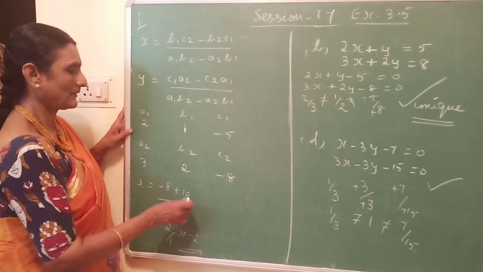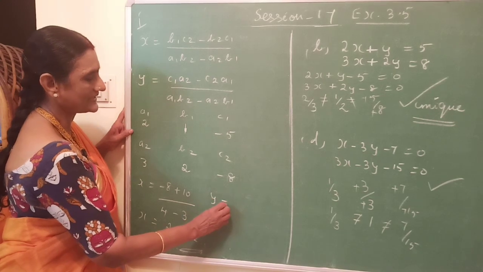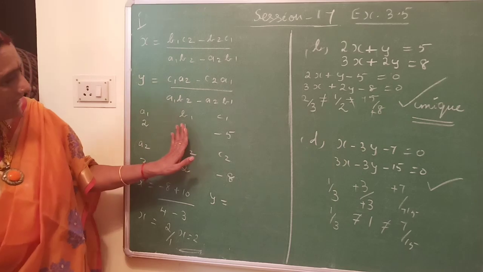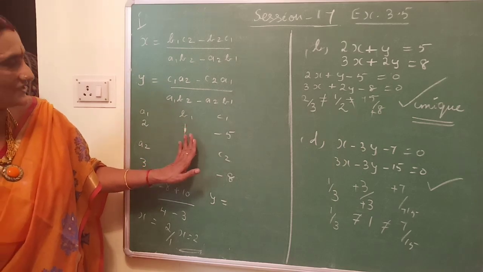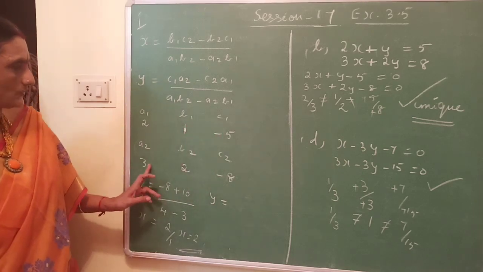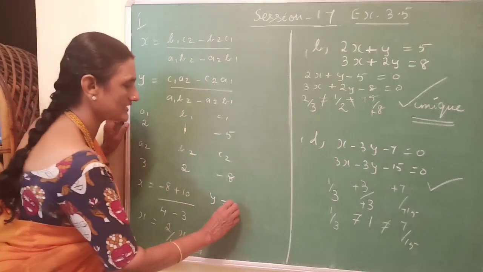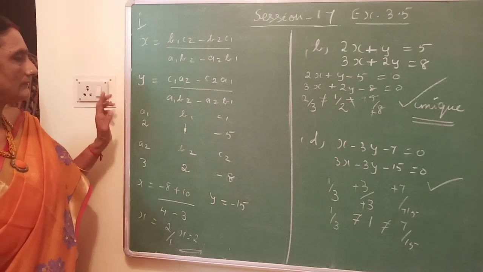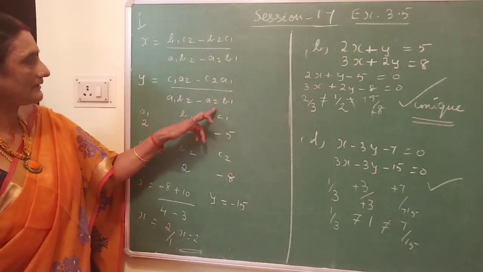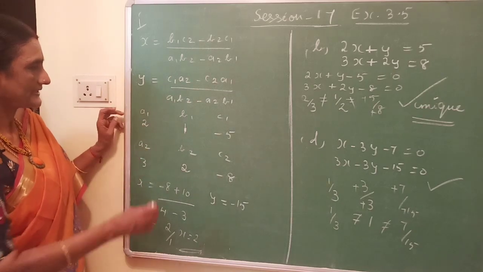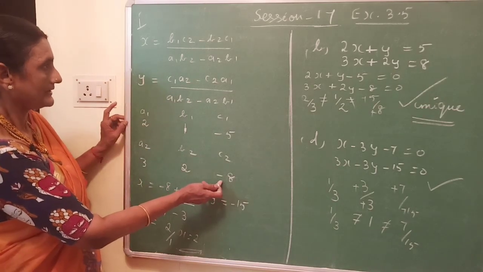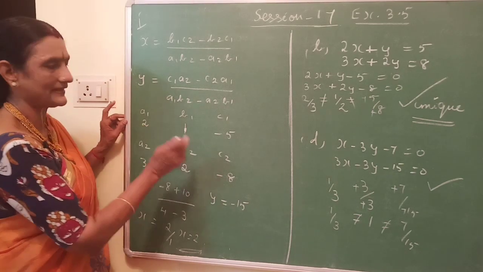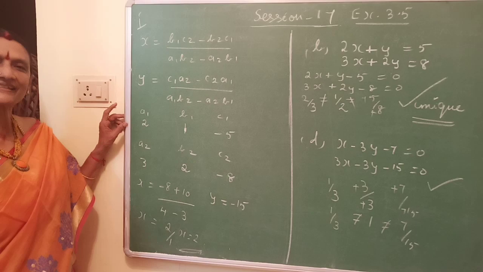Next, what about your Y? Y is equal to C1A2. So you must be very careful, the middle number you should not see at all. C1A2 is minus 15. Right? Now, what is your C2A1? C2 is here, A1 is here. So, this 2 into minus 8 gives you minus 16.